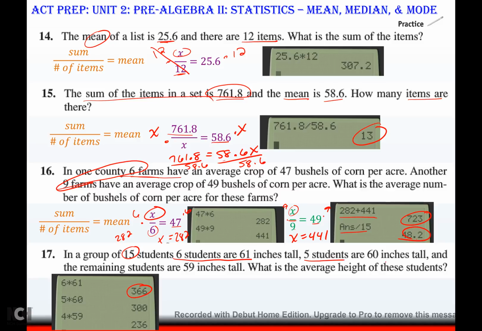You have 5 students that are 60 inches tall, that's 300. And you have the remaining students: if there's 6 here, 5 here, that's 11, that leaves 4 that are 59 inches. So now, to find the average of all 15, I'm going to add up those 3 to get a total of the 15, divide that by 15, and you get an average height of 60.13.